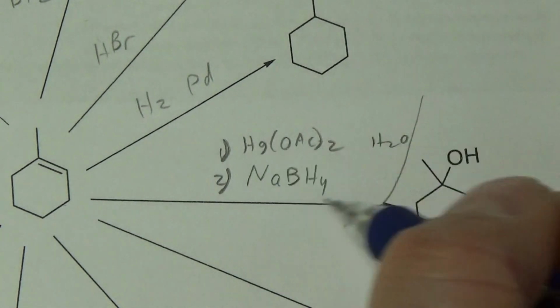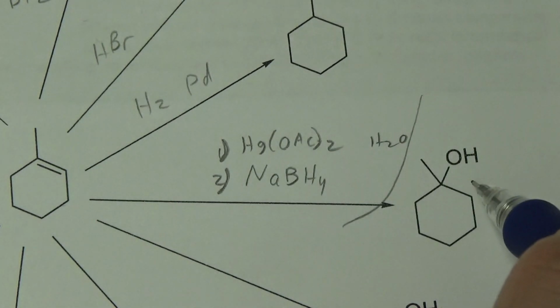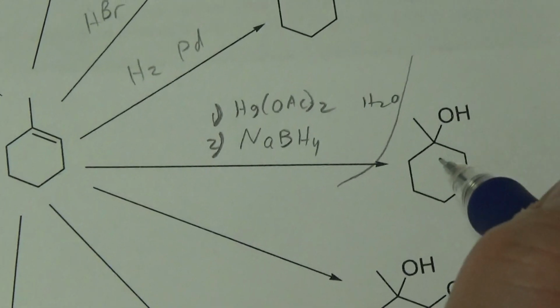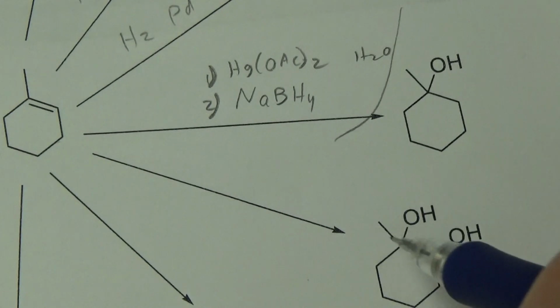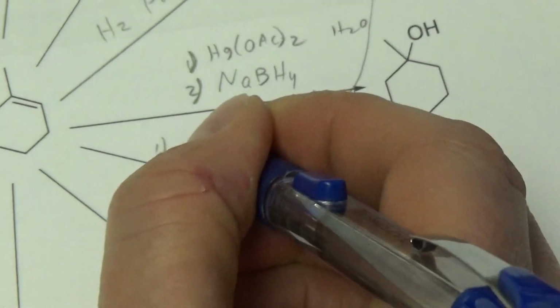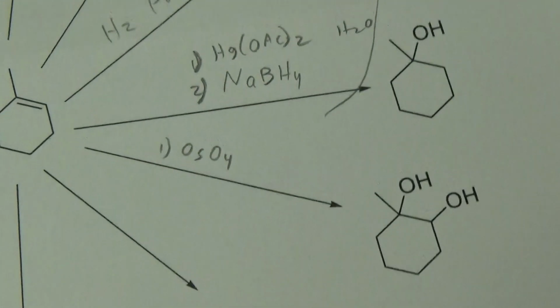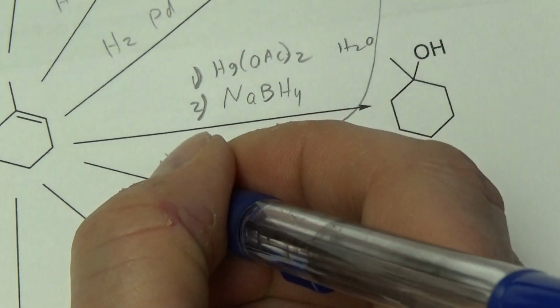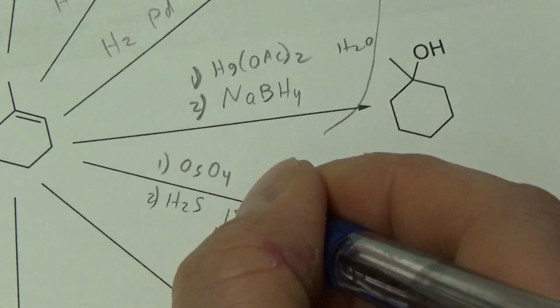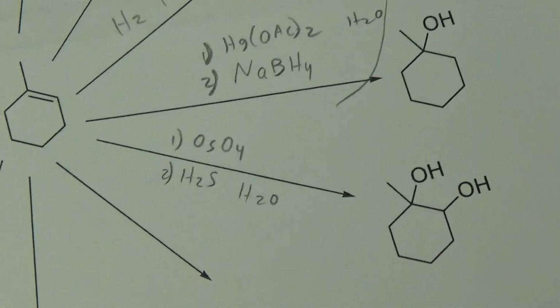This combination of reagents makes the Markovnikov alcohol, through the mercurinium intermediate, which is like a bromonium. And if we wanted 2 alcohols, this is the one that uses osmium, OsO4, osmium tetroxide, and usually H2S and water, some sort of sulfur source.